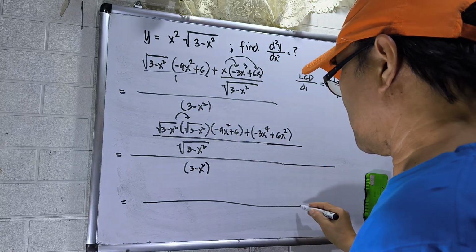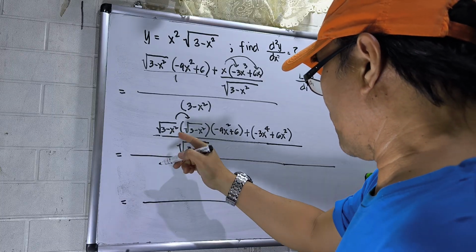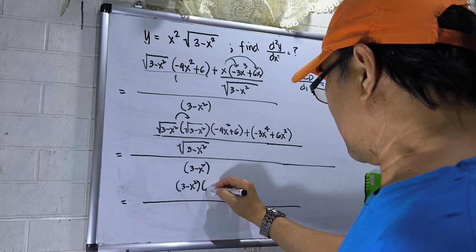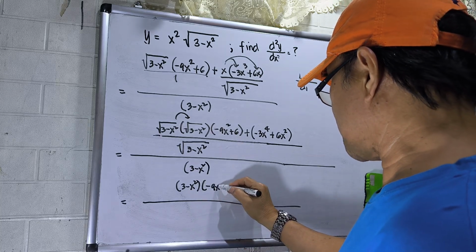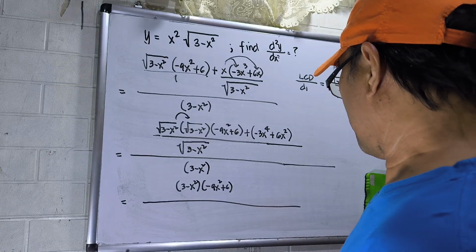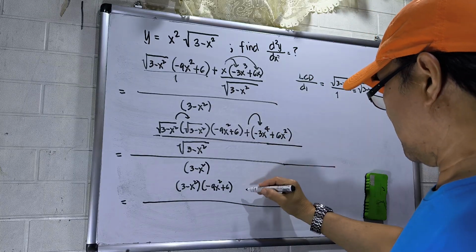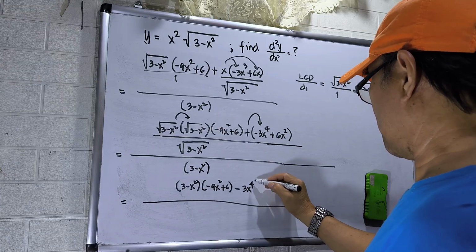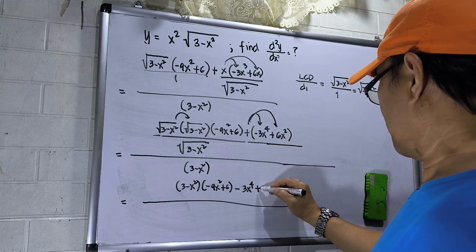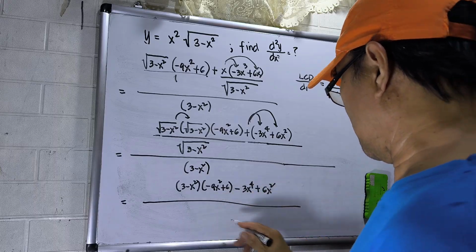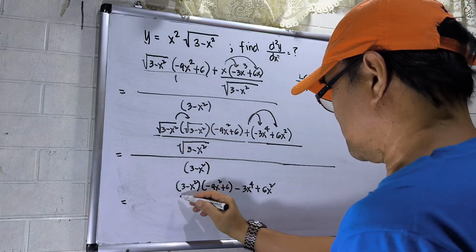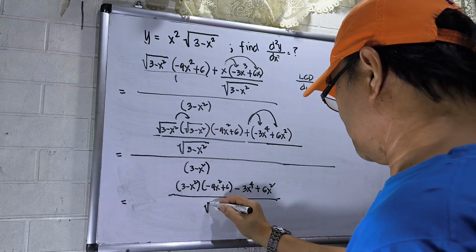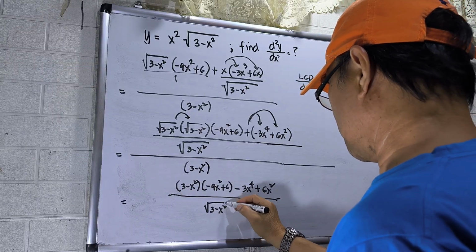So this will be 1/2, that will be circle brackets 3 minus x squared, then times this one, negative 9x squared plus 6. Then distribute, positive times negative, that will be negative 3x to the fourth. Then positive 6x squared. Then this will be square root of 3 minus x squared.